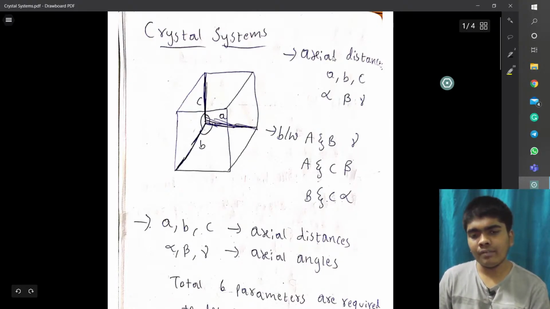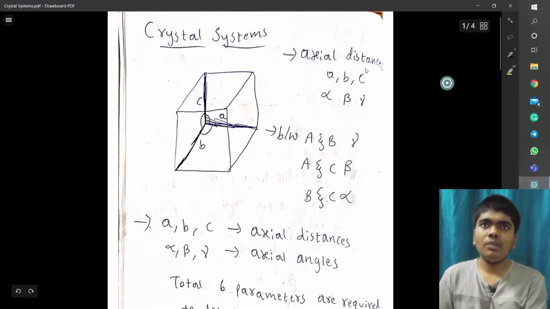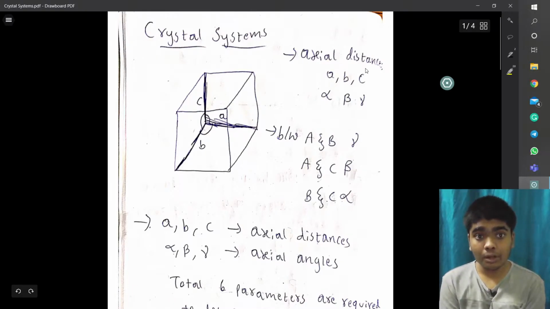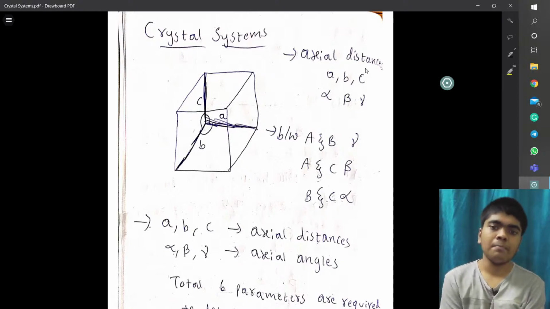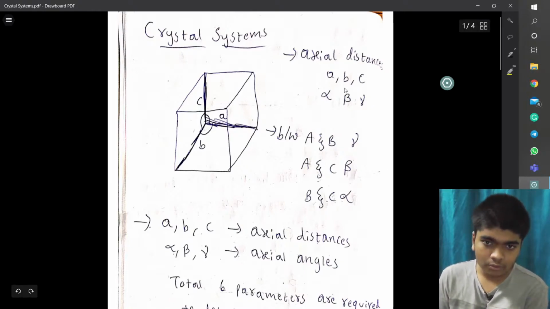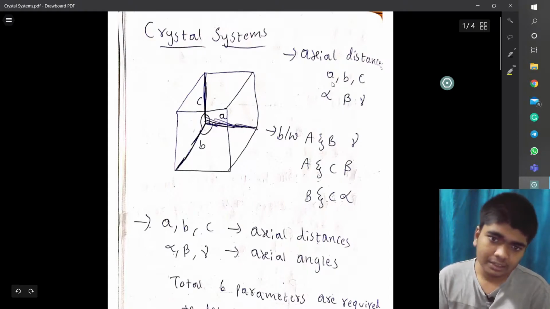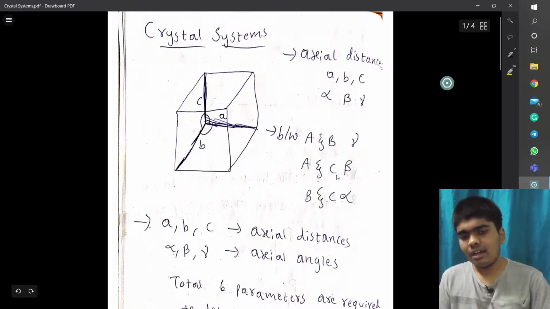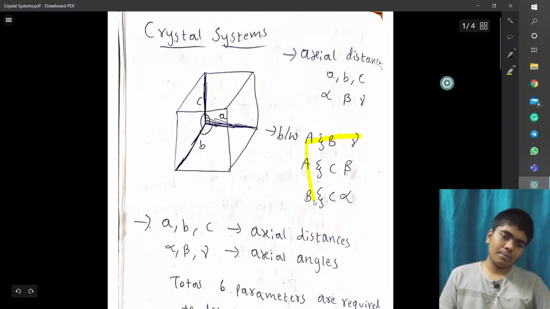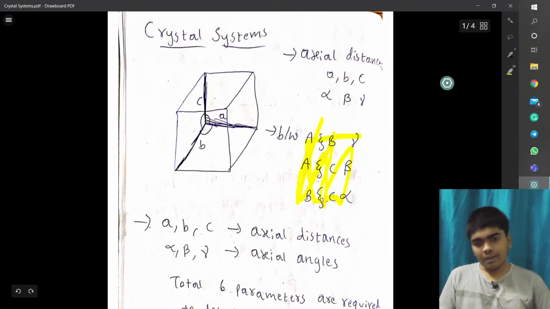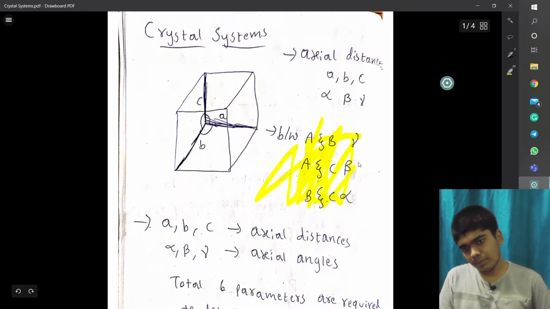Only if we are aware of this can we remember the easiest trick for the crystal system table. Once again: between A and B it is gamma, between A and C it is beta, and between B and C it is alpha. It's very important, guys, for remembering the whole table.